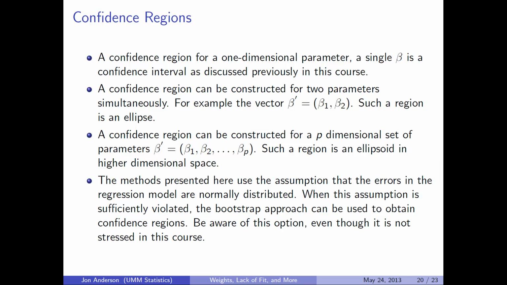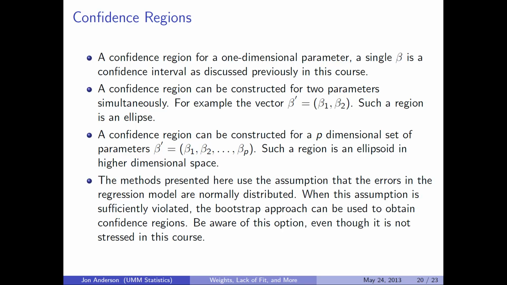We can build an analog to an F-test testing the need for additional variables with something called a multidimensional confidence interval, or a confidence region. You know a confidence interval is meant to tell you about reasonable values for a single beta parameter, but what if you wanted to study a range of reasonable values for a set of two parameters, like beta 1 and beta 2, or hypothetically a p-dimensional set of parameters?